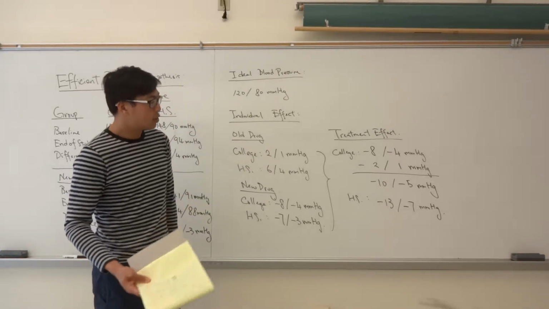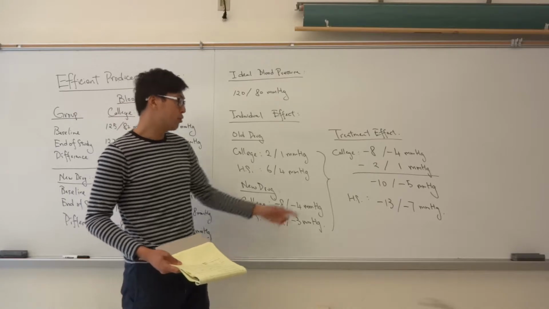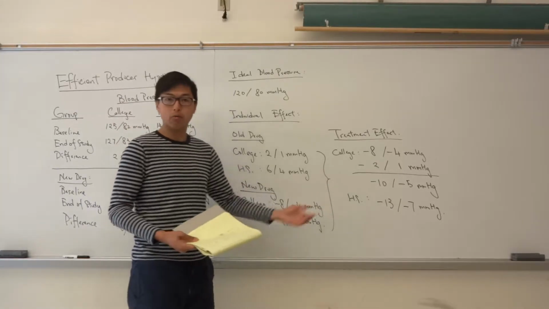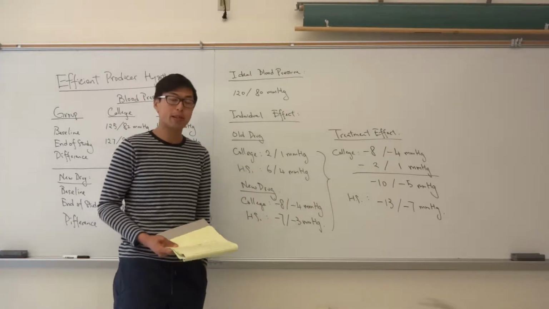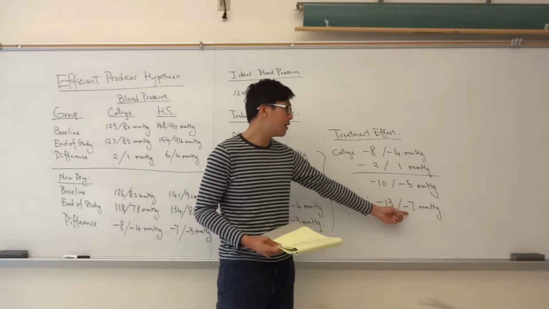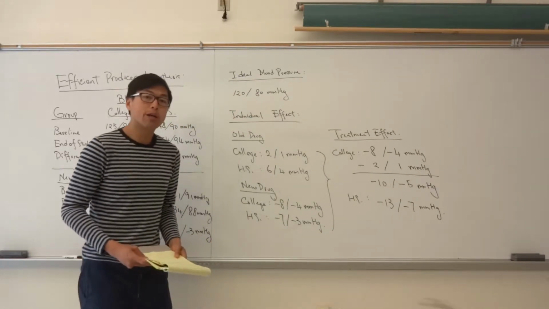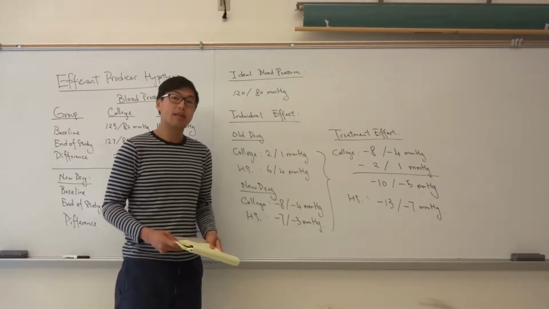I'm not going to show you how to calculate the treatment effects for high school graduates, but I will let you do it on your own, but the data readings are -13 and -7. So you can try to work out the number yourself and see if you get the same number.